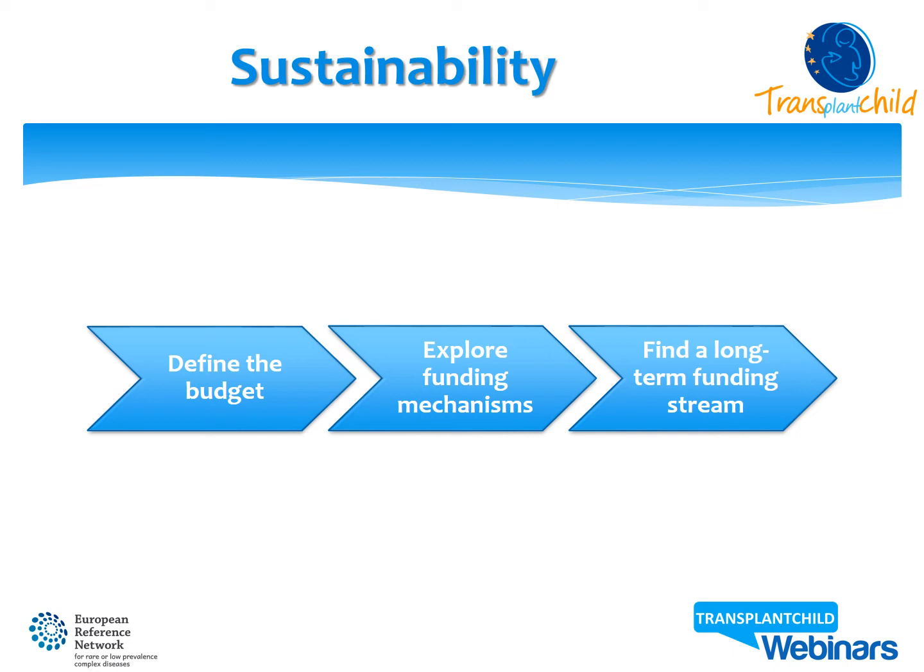For example, from grants that can be private or from government, donors, fundraising, crowdsourcing, partnering with biopharma, or fees for access to registered data. There are many different ways. And last, we need to find a long-term funding stream to maintain the registry and maximize the investments in the long term.